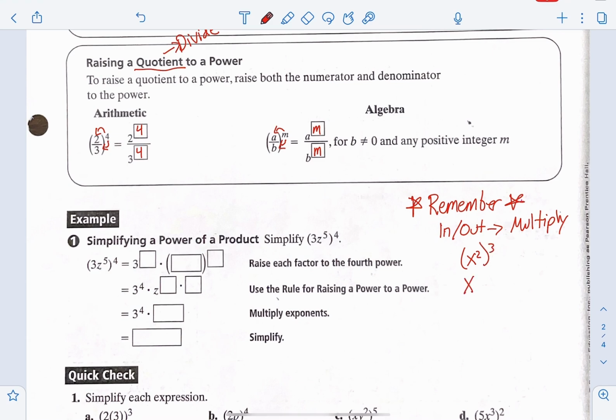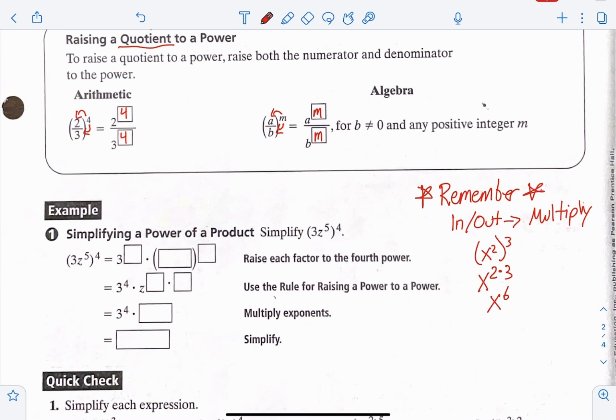That means that it's really x to the 2 times 3, which is really x to the 6. So this is from when we did those exponent rules. When we had an inside and an outside exponent, we multiplied them. So really it ended up being x to the 6. The reason for this will come in this first example. So make sure that you remember the rules for when there are any-outy parenthesis exponents.